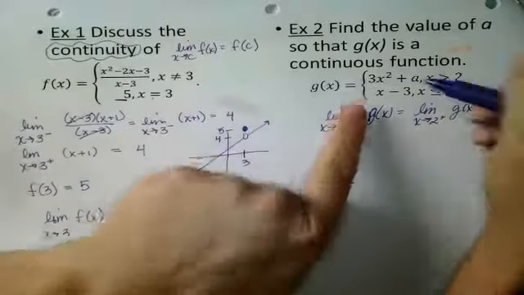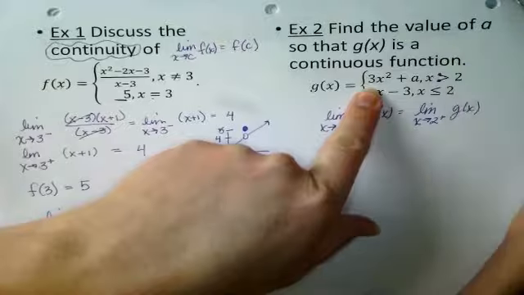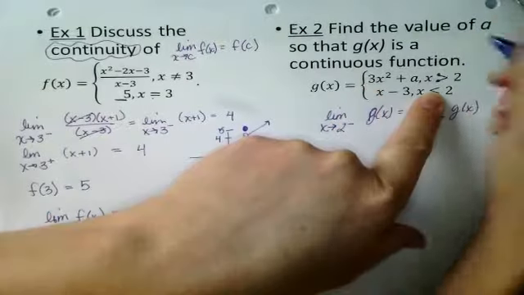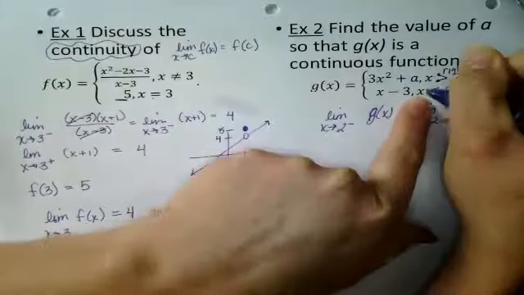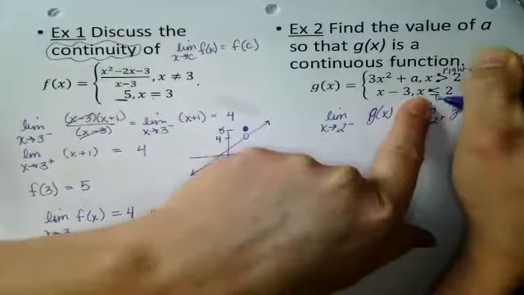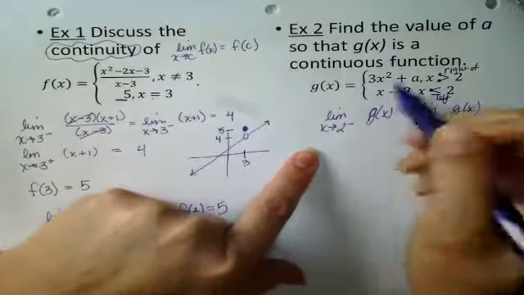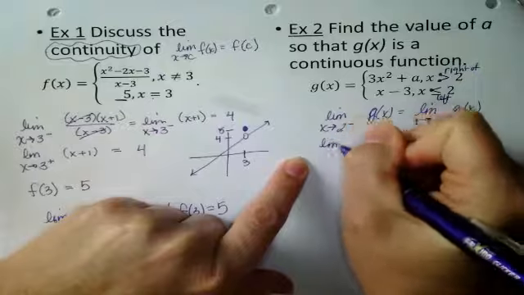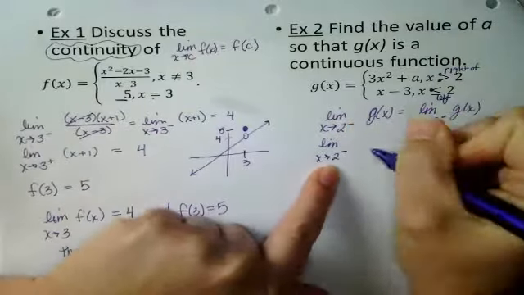So remember, when we look at these piecewise functions, for x values greater than 2, that would be to the right of 2. And x values less than 2 would be to the left of 2. So we're using this function when we're looking at the limit from the left.